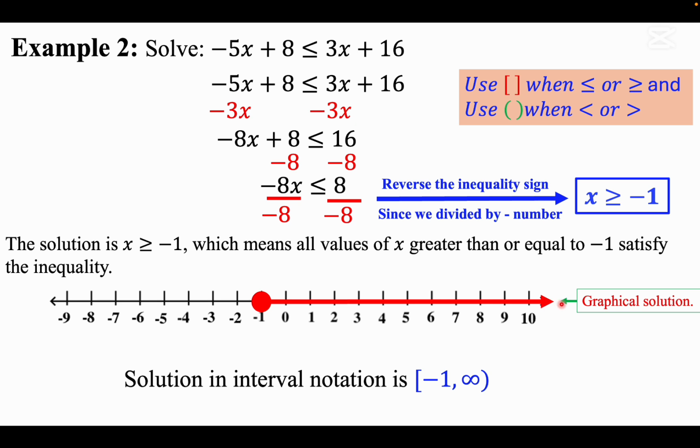It just gets smaller and smaller forever. It doesn't stop. So around infinity and negative infinity, it doesn't matter what symbol you have, it should always be a parentheses. The other numbers should be a bracket or parentheses depending on the symbol. So in this case, any number to the right of -1, including -1, is a solution to this inequality.